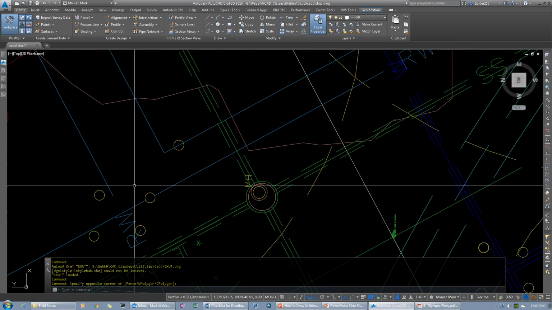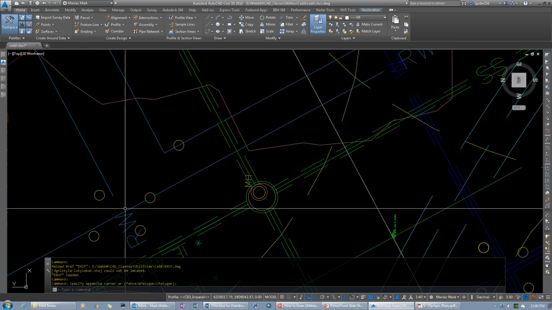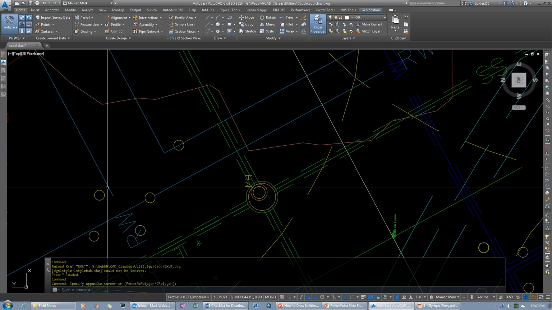Okay. Now, what's wrong with this picture? They aren't online. Would that be accurate if those lines were 16 inches in diameter?